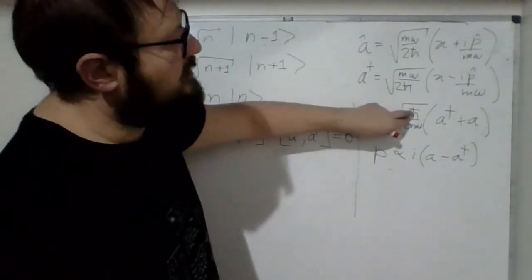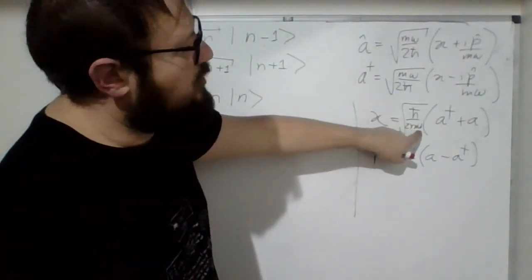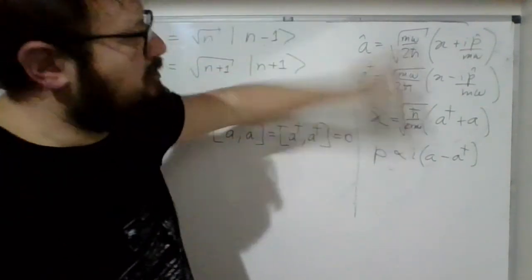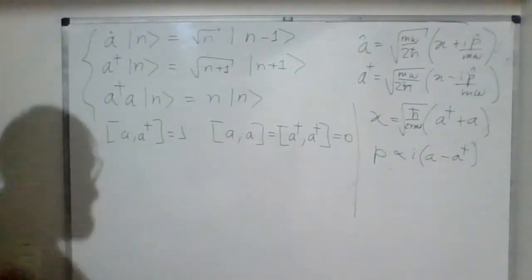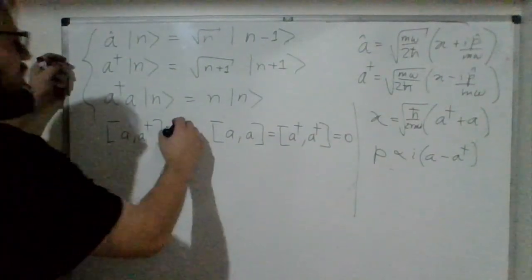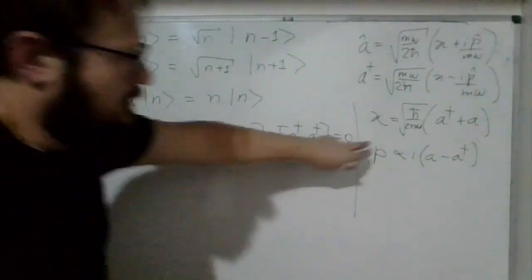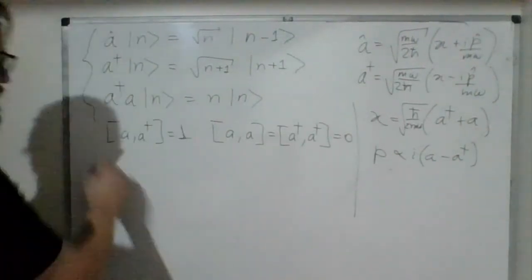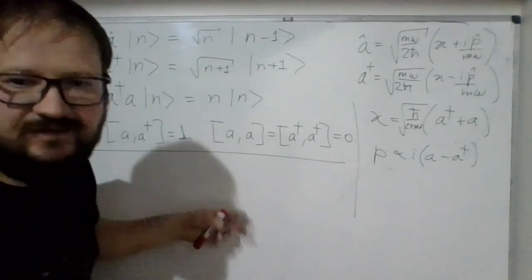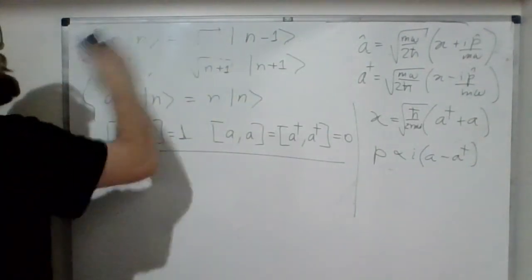Also, some term depending on m omega will appear here, so square root of some factors there, you can find out the factors. Now you can derive the equations of motion. I will leave that as an exercise.